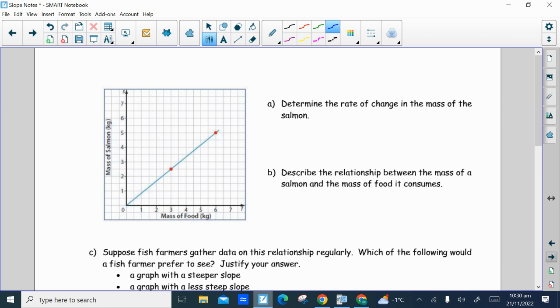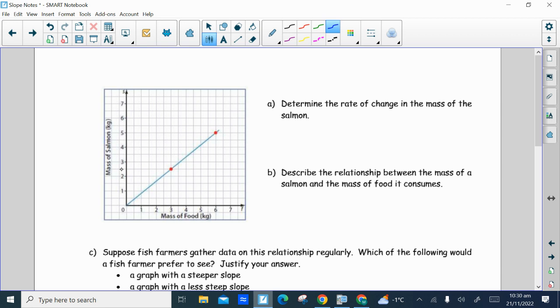Determine the rate of change in the mass of the salmon. And then we want to discuss the relationship between the mass of a salmon and the mass of the food that it consumes. For the mass of the salmon, you can see that it's always going upwards, and same thing with the mass of the food.